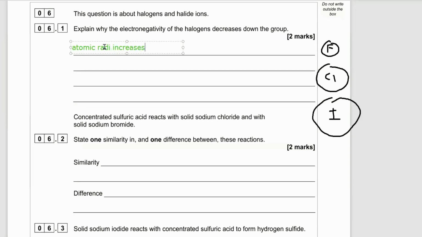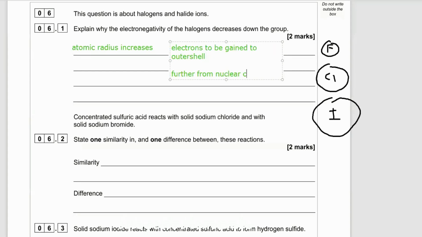And this means the electron that is to be attracted is further from the nucleus, further from that nuclear charge, and is more shielded. So you take fluorine, which is the most electronegative element. It's very small, it doesn't have a lot of shielding, and it has quite a high nuclear charge. So therefore, the electron is strongly attracted to the fluorine atom, which is why it's the most electronegative.